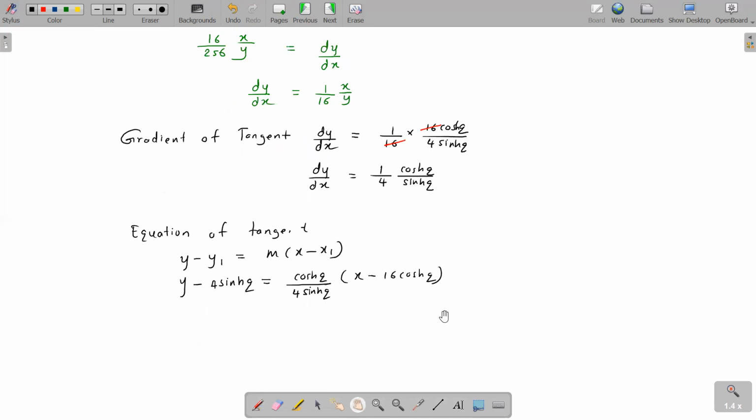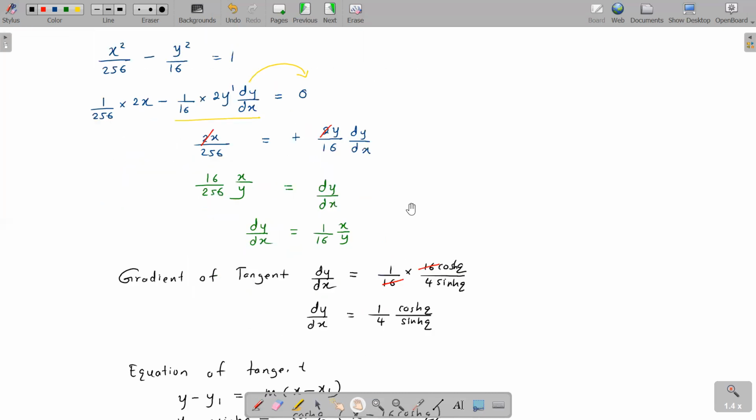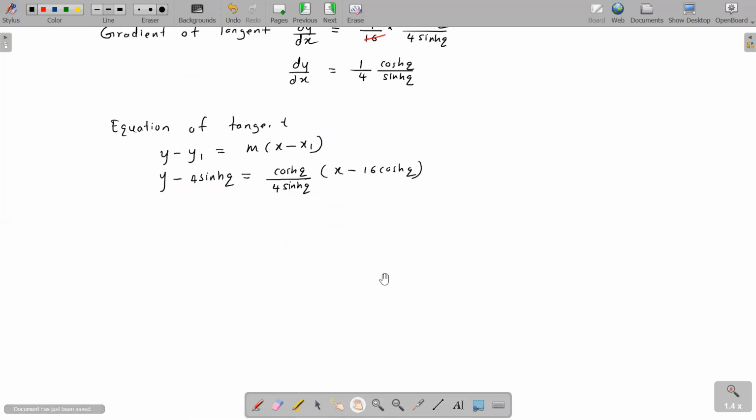Then we can simplify. This is basically the equation of the tangent. There is no particular form they have given here, but we can simplify it a few more steps, because we've done the simplification in the previous chapter. 4y sin cube: 4 sin cube into 4 sin cube is 16 sin square cube.